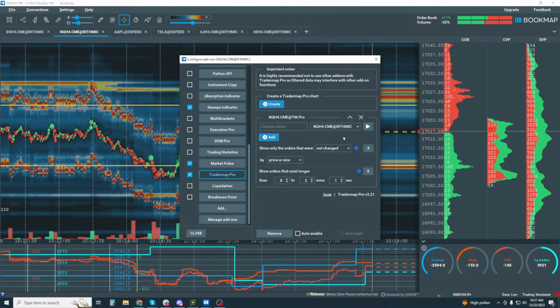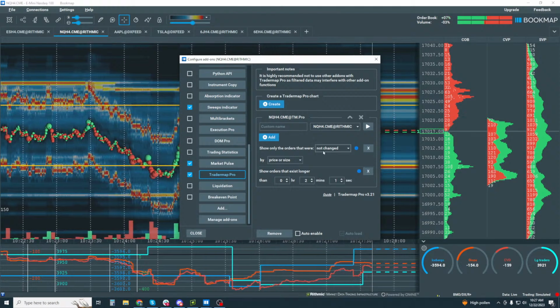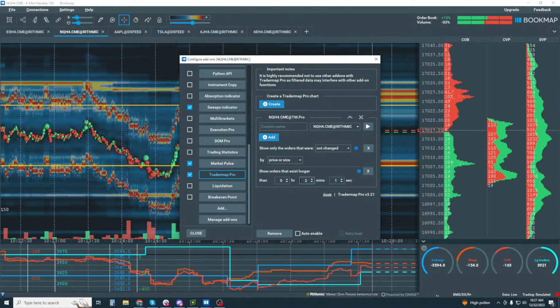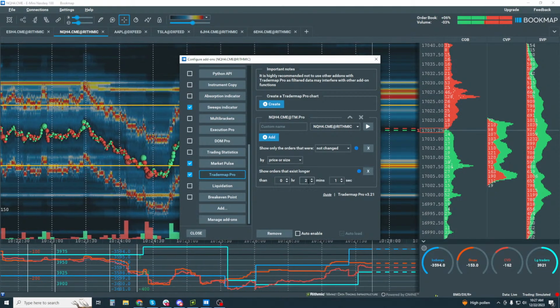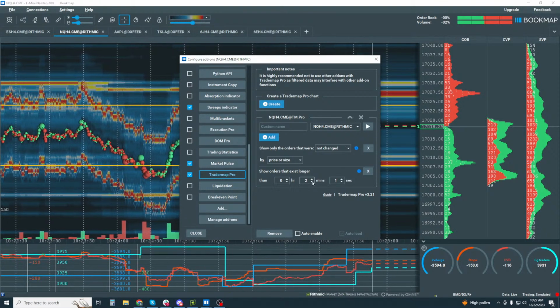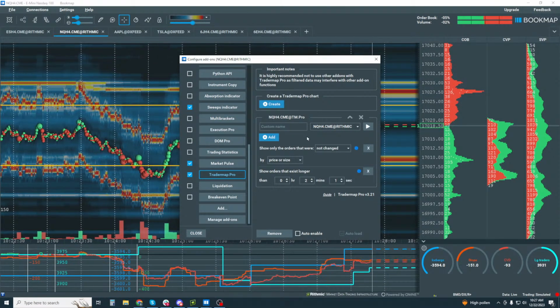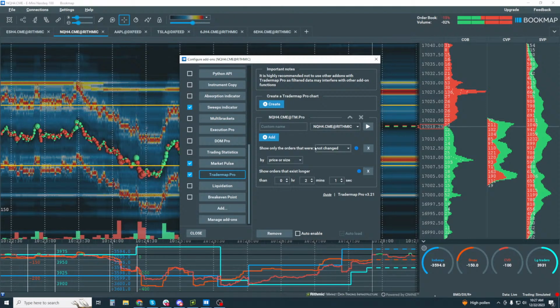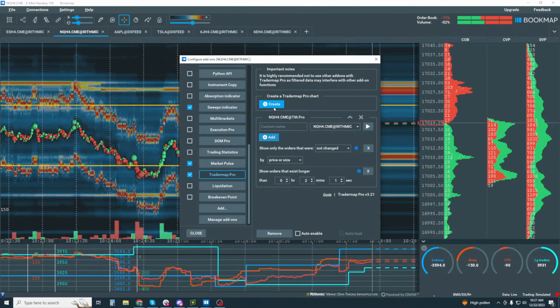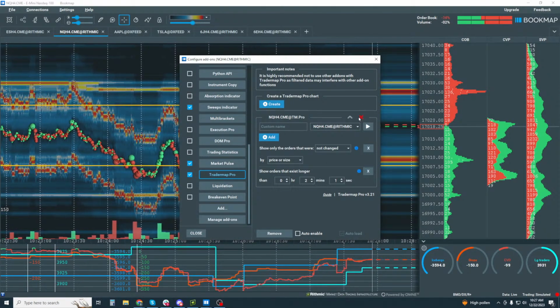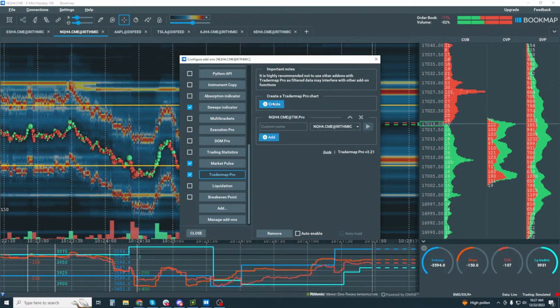We'll recreate it here, but not changed and by price or size, and then a filter here of no longer than 2 minutes. Okay, that exists longer than 2 minutes. Okay, so let's delete this one for now, and we'll recreate it here.